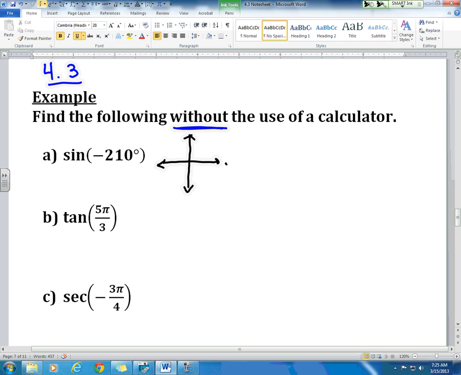So with all these, you're going to draw yourself a little picture and you're going to draw yourself the angle. So negative 210 degrees, here's my initial side of the angle, and that's going to bring me 30 degrees past the 180 mark. So this is negative 210. That's my theta value.